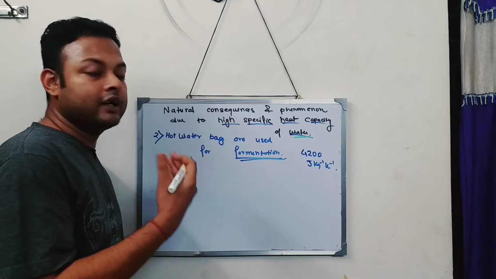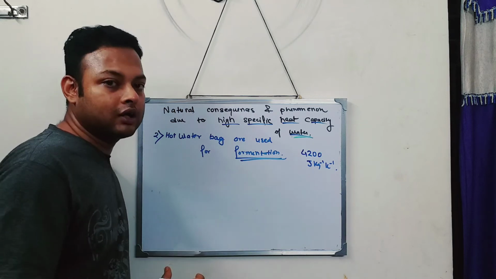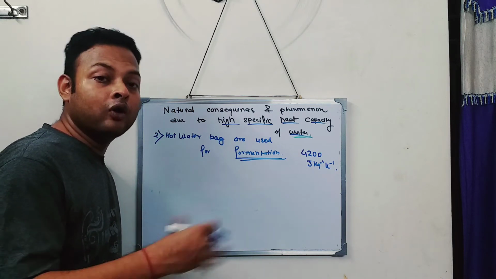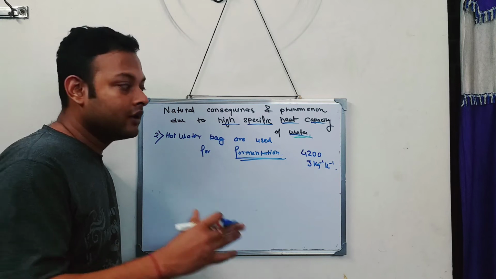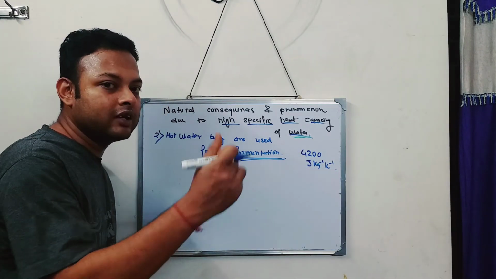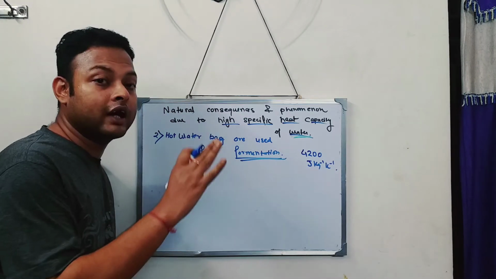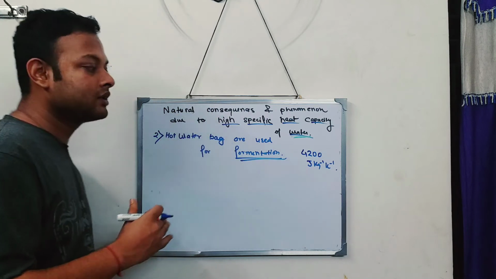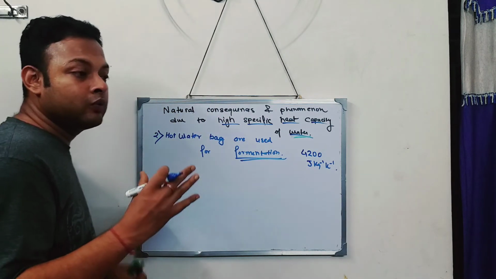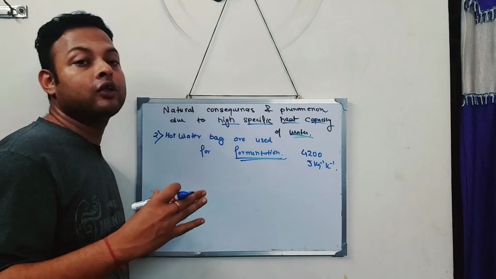So the heat in the hot water will take a long time to release. This amount of heat cannot be released very fast, so the water will stay hot for a long time.